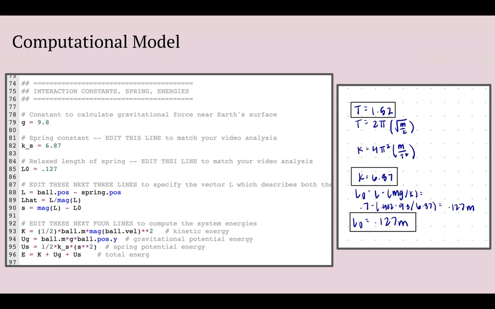Next, I created the equation for the length, which was the position of the object minus the position of the spring. L hat being L over the magnitude of L, and S being the magnitude of L minus L naught. Then I used the equations for kinetic energy, gravitational potential energy, and spring potential energy, and added them all up to find the total energy.